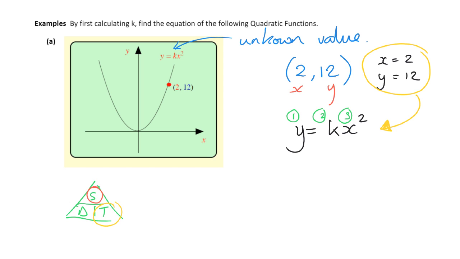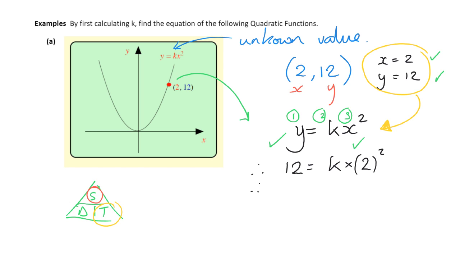So what we've actually got is the y value from up here, and the x value from up here, and they come from the point on the graph. So substituting in, instead of the y, we would use 12 equals k times x squared, so 2 squared.